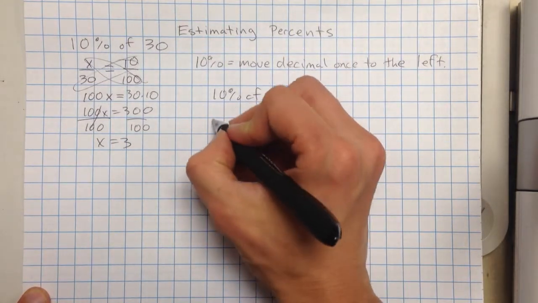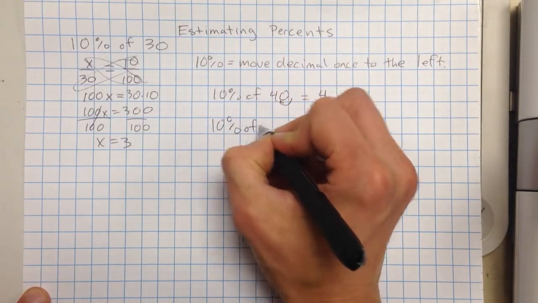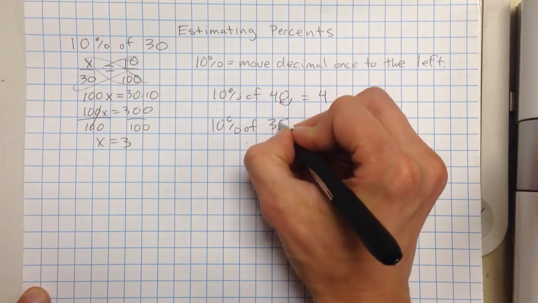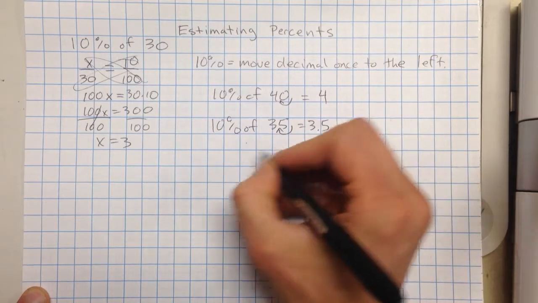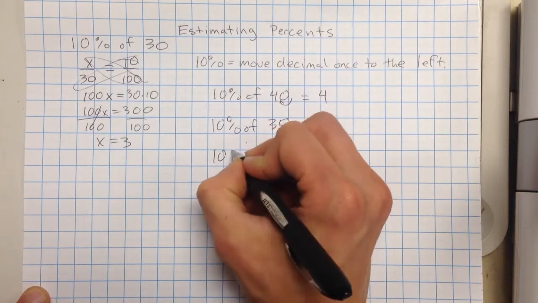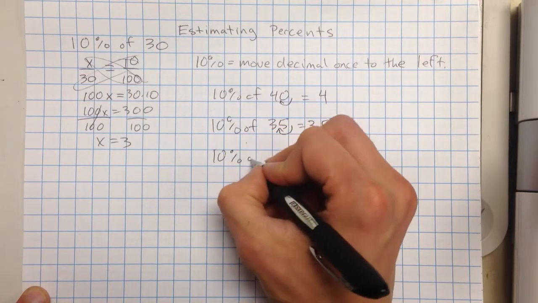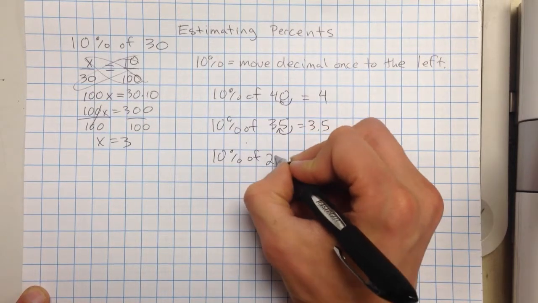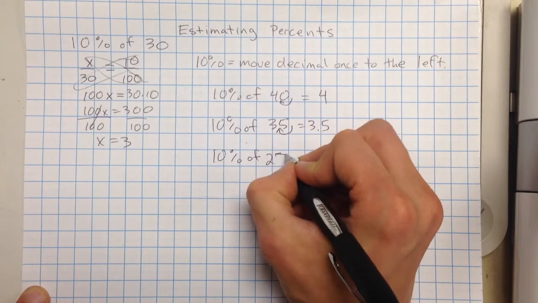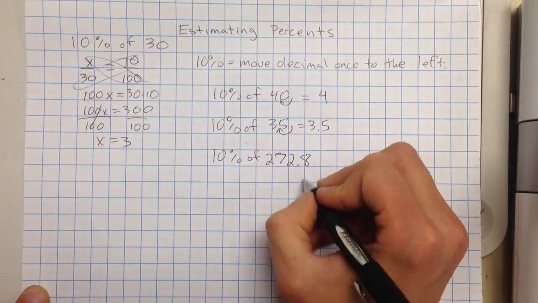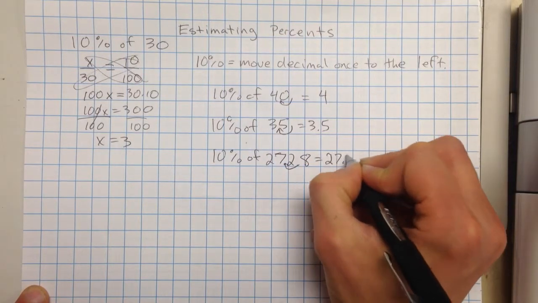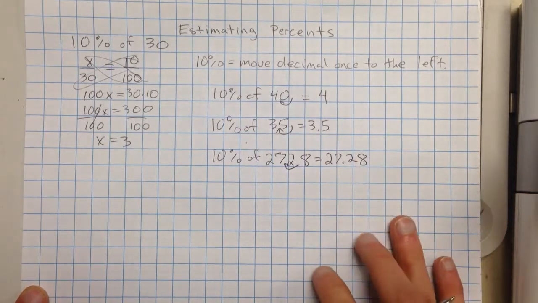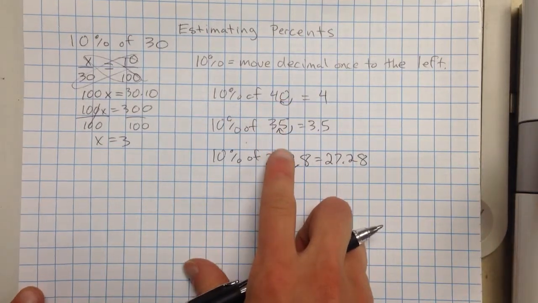If we wanted to find 10% of 35, one space over, that gives us 3.5. 10% of something much bigger, let's say of something like 2,000 or 272.8. Decimal point, one step over, 27.28. Okay, so we can find 10% of a number very easily.